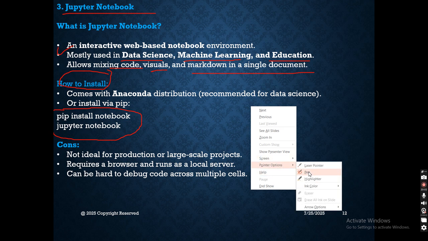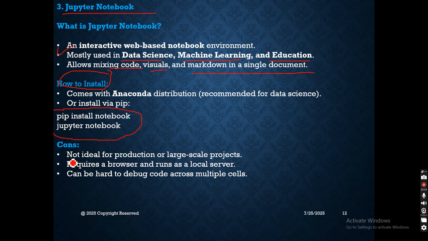Let's see some of the cons. Not ideal for production or large scale projects. Requires a browser and runs as a local server. You need to run either on the browser or a local server. Can be hard to debug code across multiple cells.